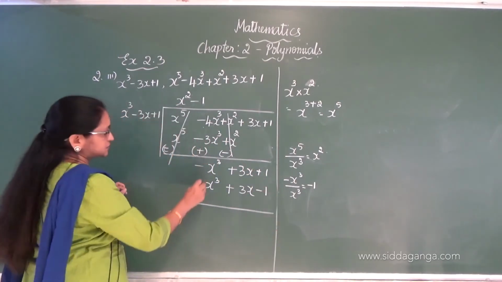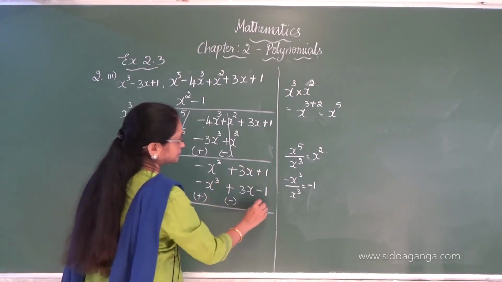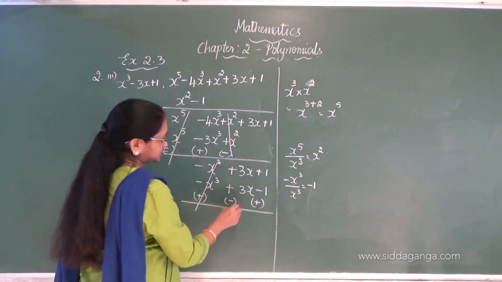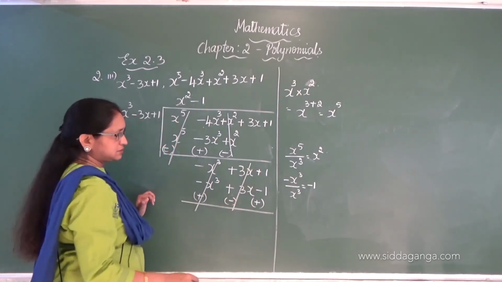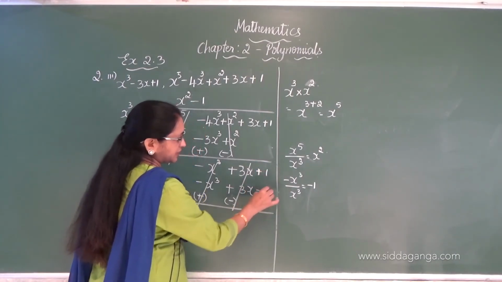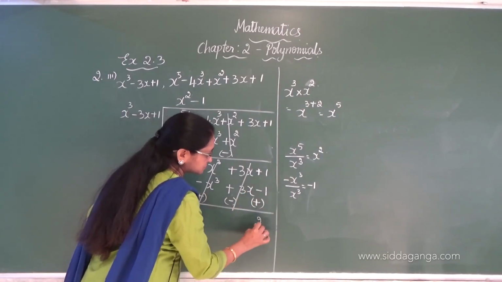Now again change the sign, here plus, so get cancelled, plus 3x minus 3 also get cancelled, plus 1, you should be careful, here plus 1 is there, plus 1, so 2.